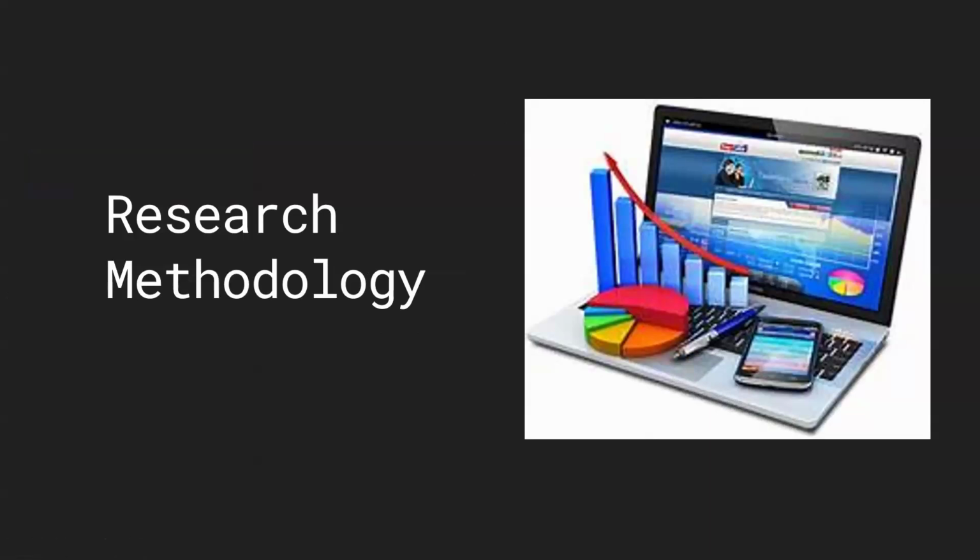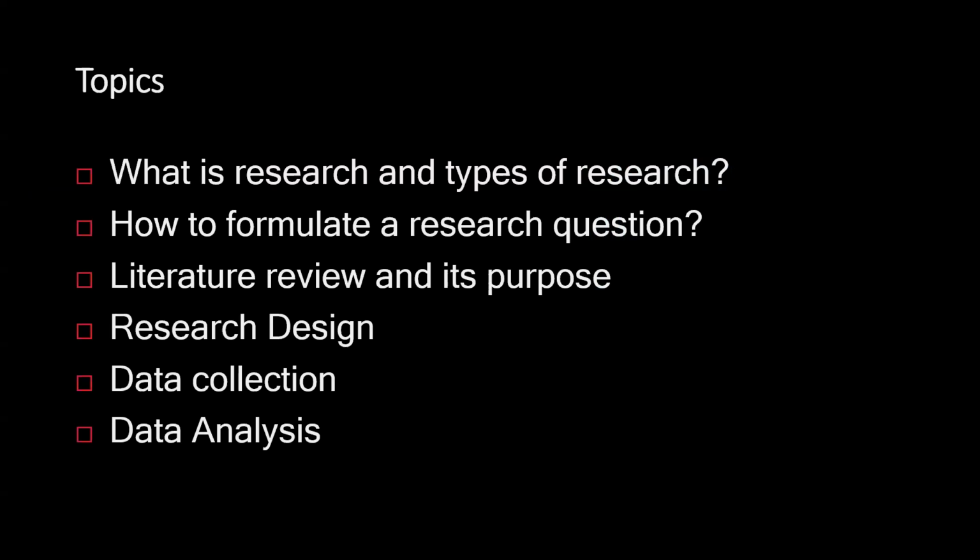Okay. So let's start. We are now in the last session, the final session of research methodology. In our previous three sessions, we have seen the types of research and what research is all about. And then how to formulate the research questions. That is, they should be clear, concise, and to the point.